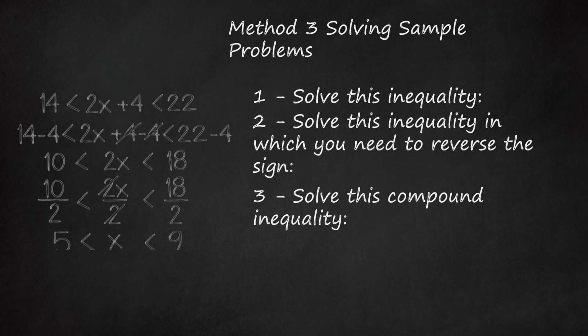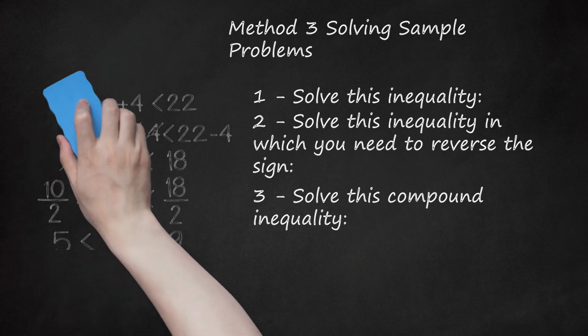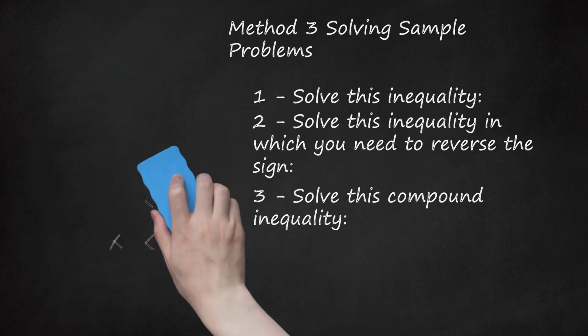Divide each part by 2: 10/2 < 2x/2 < 18/2, so 5 < x < 9.